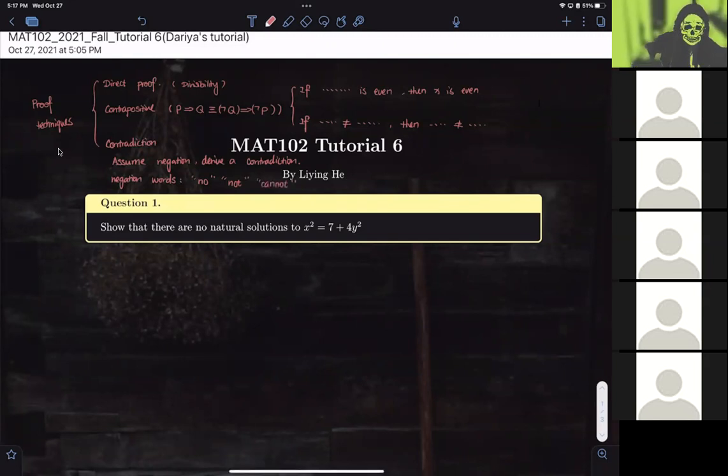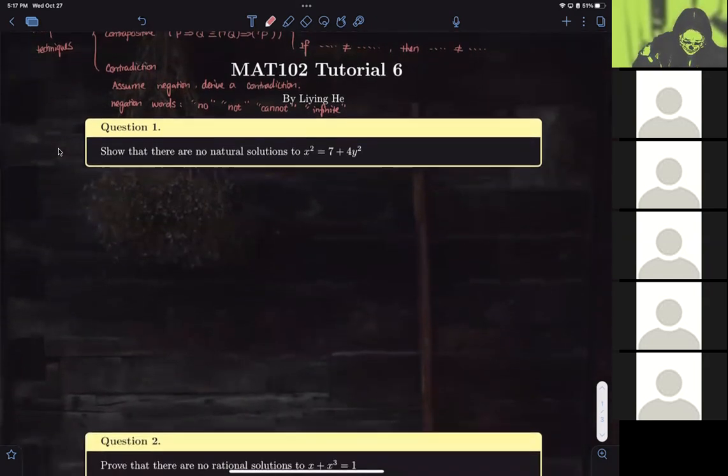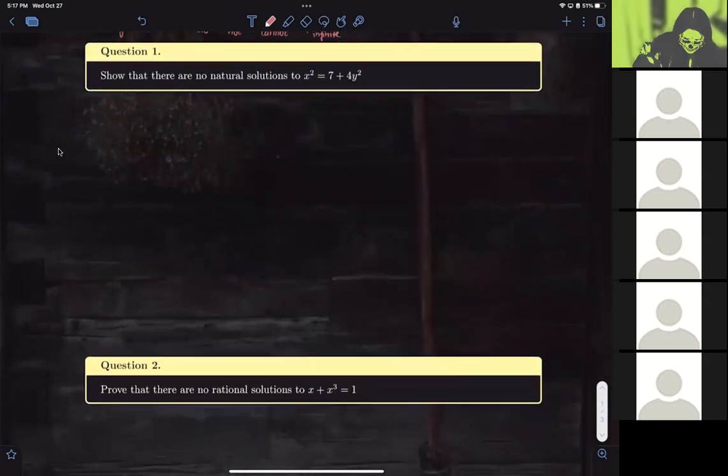Those negation words, if you see them in the statement, you know we probably should use contradiction to prove the statement. And outside of 102, if you see infinite, that's another word to tell you that you might need to use contradiction, because infinite is really hard to deal with, but finite cases are much easier. So if you've been to my tutorial twice, you should know this by heart already.